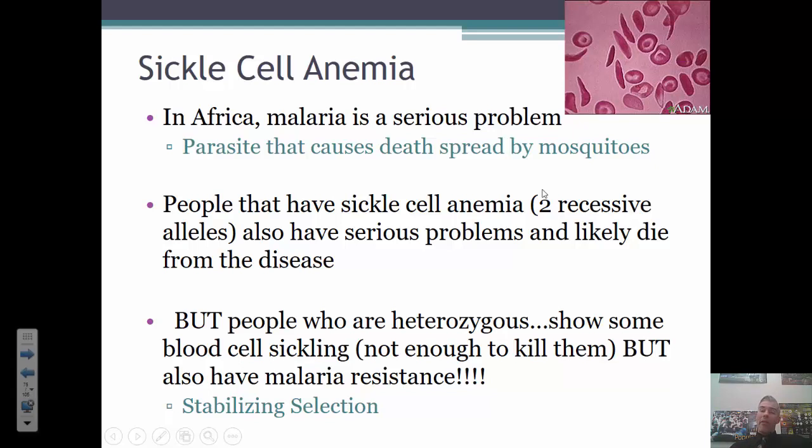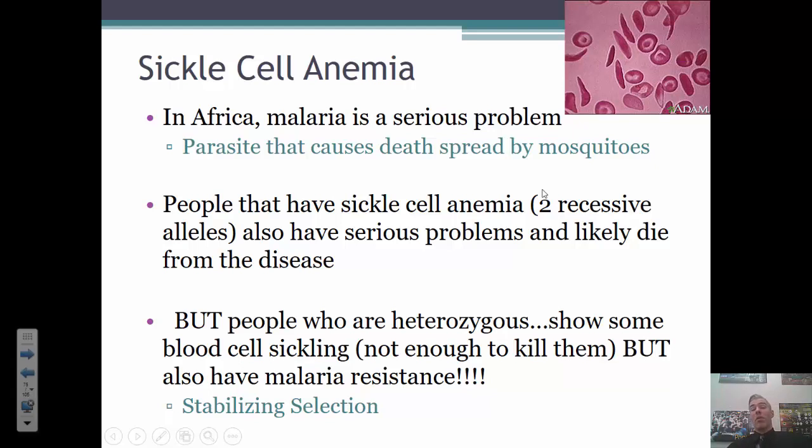But also in Africa, malaria is a very serious problem. That is a parasite that actually can attack your red blood cells. Okay. But what's really cool is that they cannot attack the sickle cell red blood cells. So malaria does not have very much of an effect on someone who is heterozygous for sickle cell anemia.